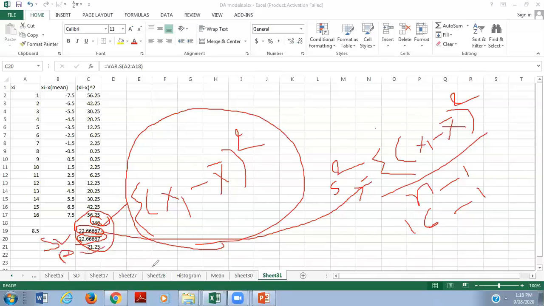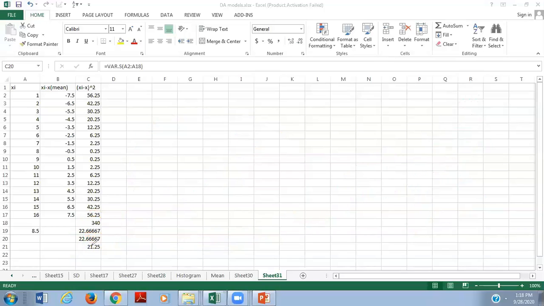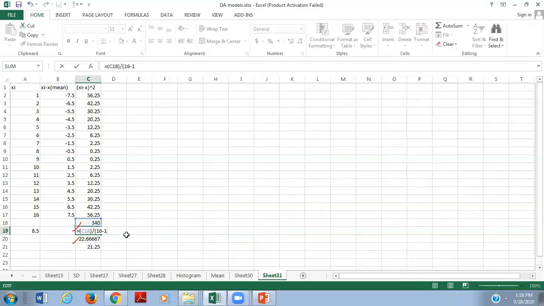Now just see what we were not able to get in our last presentation, where I was confused about why these two values were not coming the same. Here it is the same. I will show you the reason. The reason is, I had not used the bracket sign. Last time, when I was confused, the value was 20.25.